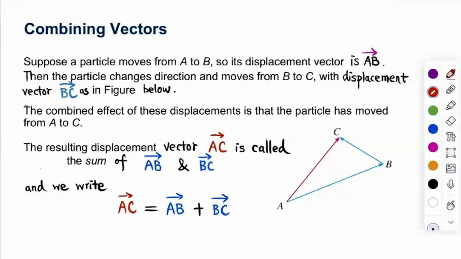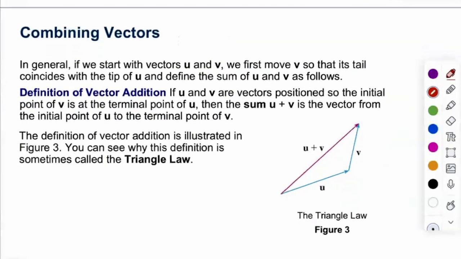So now we're going to talk about how to add. If you add two vectors, the sum is the vector starting from the initial point of the first one and going to the terminal point of the second one.